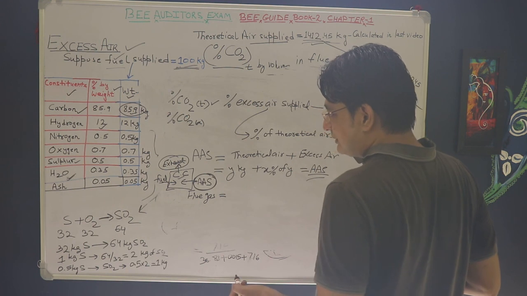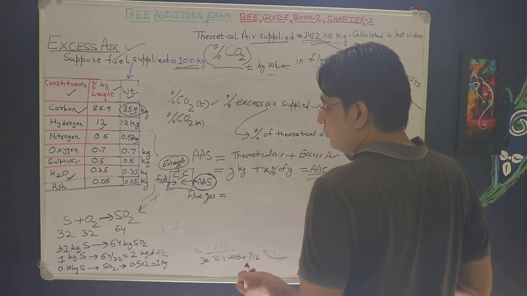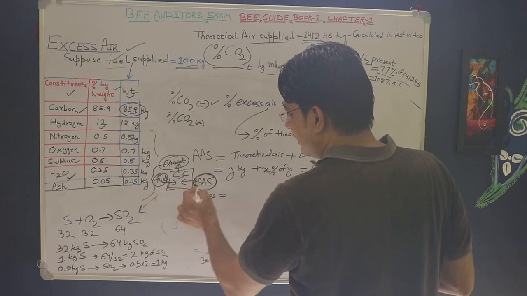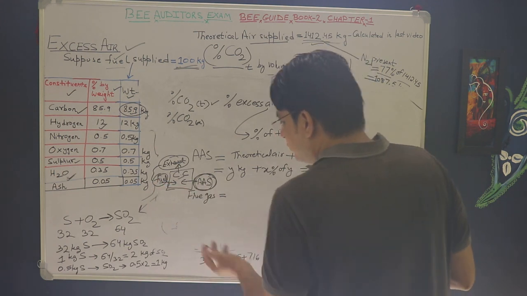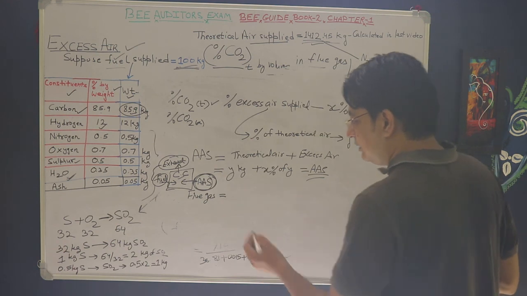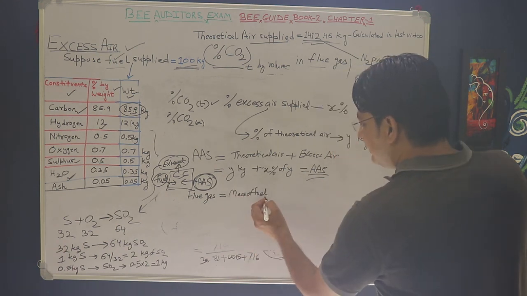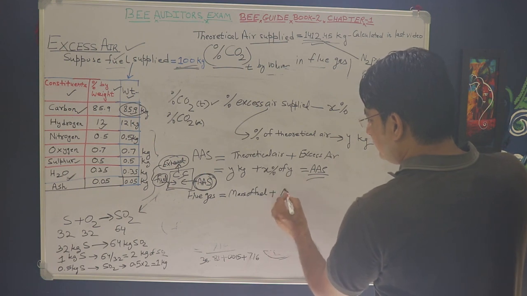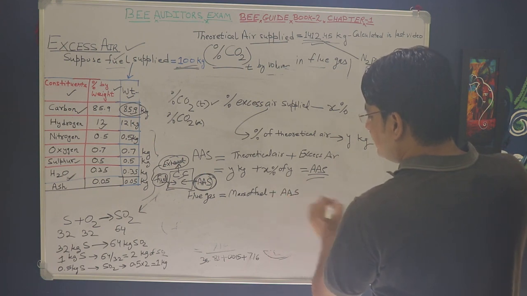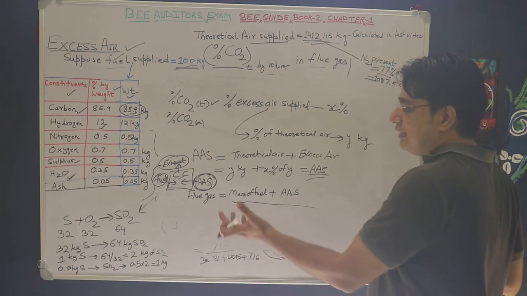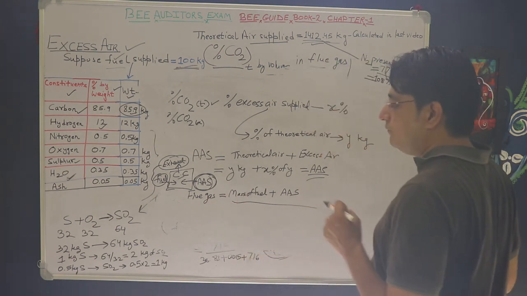So by applying the mass balance equation, you can say this exhaust is nothing but the summation of this fuel and this actual air supplied. So the weight of the flue gas will be the mass of fuel which is entering the combustion chamber plus the mass of the actual air supplied. So now it is very much clear how you can calculate the weight of this flue gas.